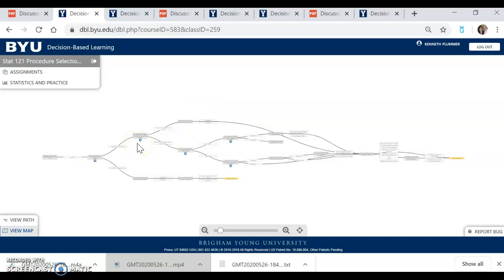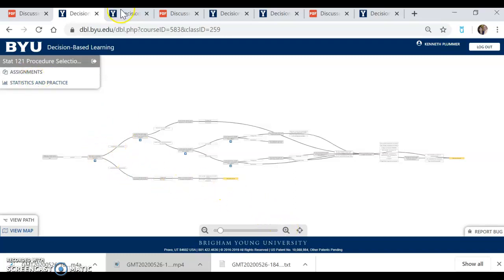We have shortened our model to just be for selecting the correct method. So we don't have anything here about conditions. We don't have anything in here about solving or stating the problem, the parameter, or stating the null or alternative hypotheses. All of that has been taken out, and we've stripped it down to just selecting the right method.